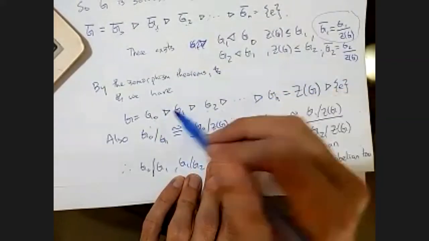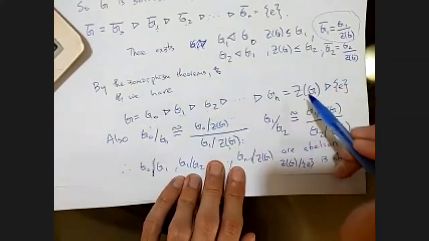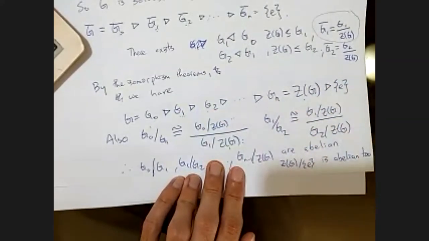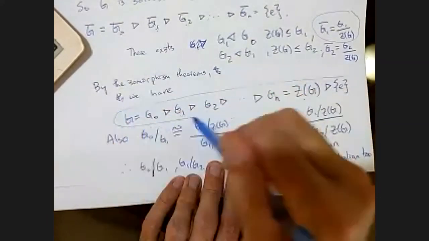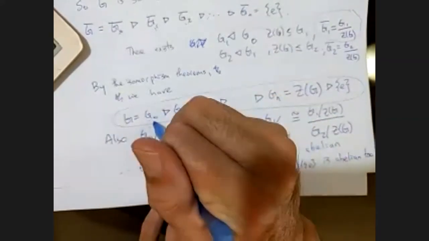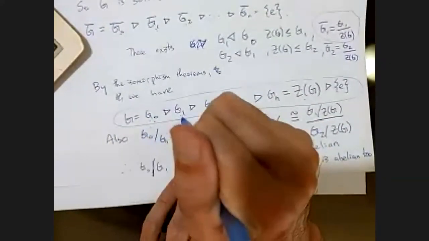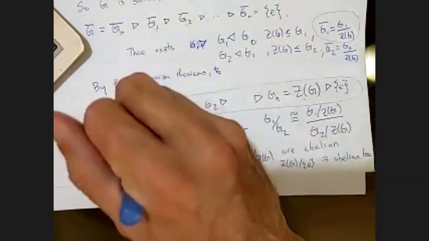So each of these quotients is abelian, and the center, the bottom term, is also an abelian group. So if we look at this whole thing now, the quotient of each subgroup by the next one down is always abelian. So that gives us an abelian series. In other words, that tells us that G is solvable.